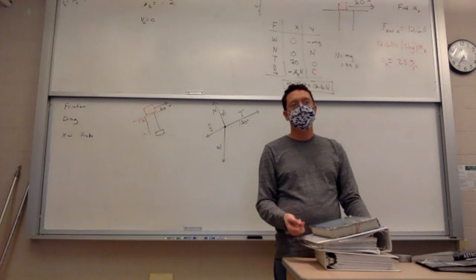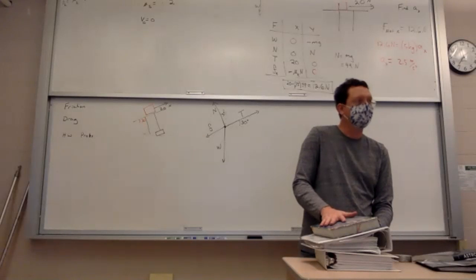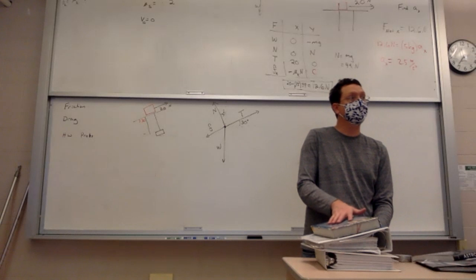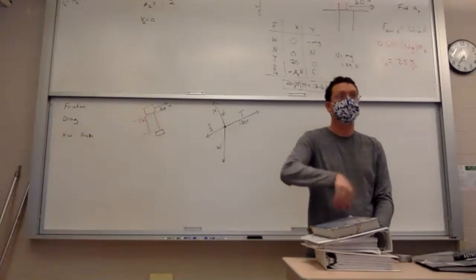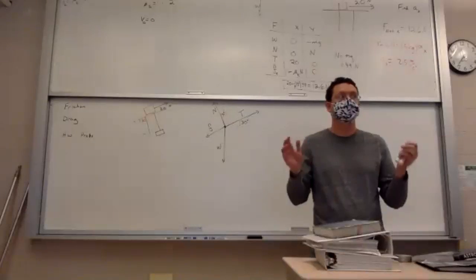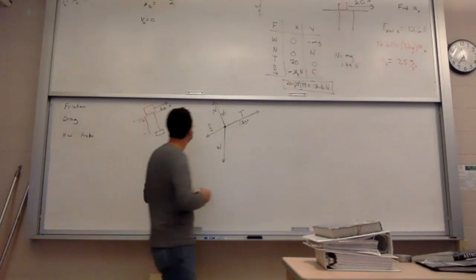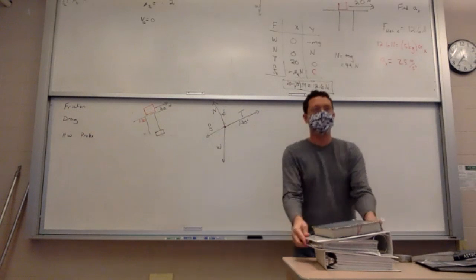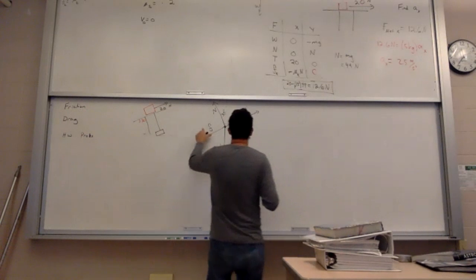On the other hand, if I try to pull it up the hill, then friction is resisting that, so friction's actually going downhill. That's why it's tricky to figure out which way friction is going. Sometimes you just make a guess, and you have to check or solve it to see if it's possible. There's not really a better way. So I'm going to make a guess that it's going this way. We'll find out. I'm only guessing this because I'm imagining that this is what I'm actually doing. I'm pulling it uphill, so friction's this way. But I don't know.